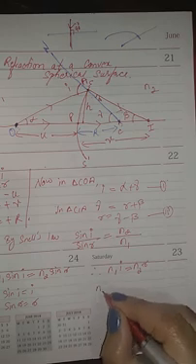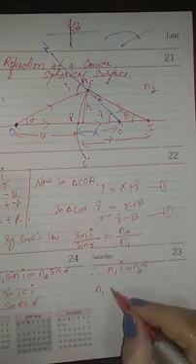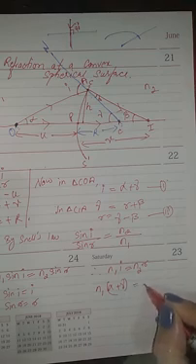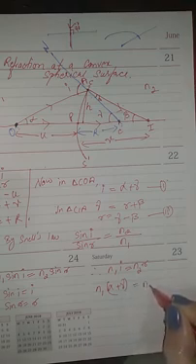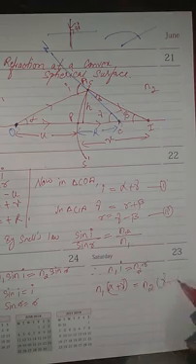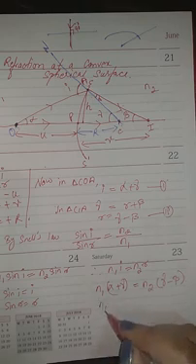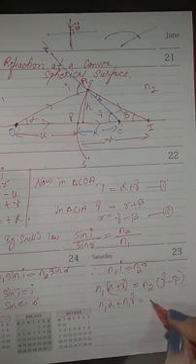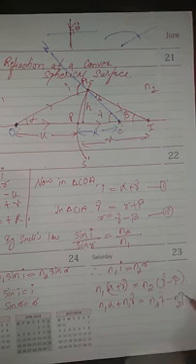So n1 times alpha plus gamma, in place of I, is equal to n2 times gamma minus beta. Now we multiply this: n1 alpha plus n1 gamma is equal to n2 gamma minus n2 beta.